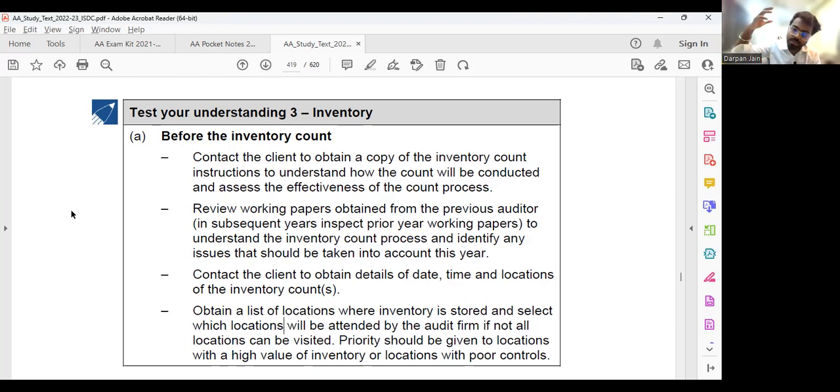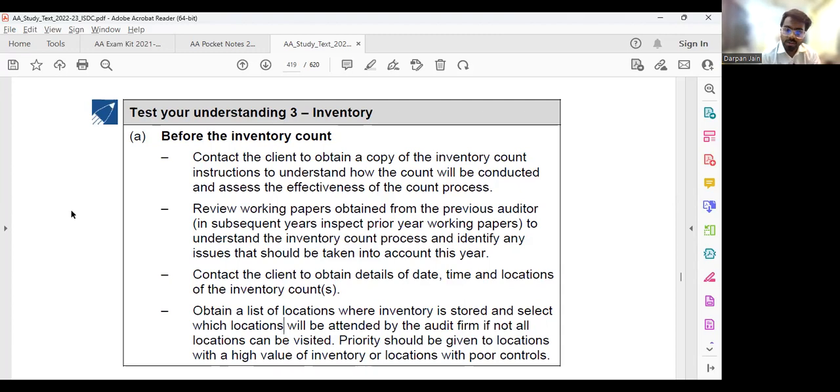Now the directors or the senior management of the company will give out some instructions as to how the count should be conducted. So you are obtaining those instructions and understanding whether those instructions are effective or not, whether the process of inventory count is going to be effective or not.